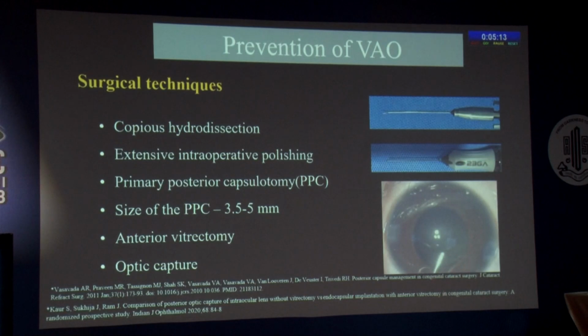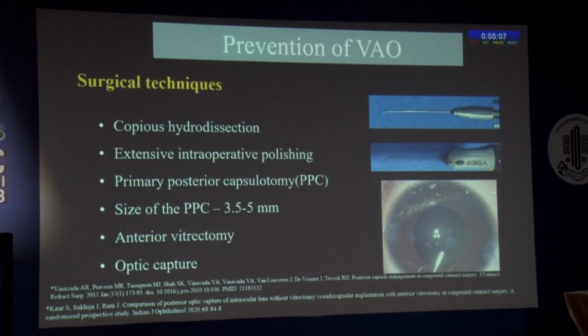let me focus on a few ways of preventing visual axis opacification. One of them will be very copious hydrodissection and intraoperative polishing. If you are leaving the posterior capsule behind, these two will reduce the burden of lens epithelial cells and leave fewer epithelial cells to migrate and cause visual axis opacification.